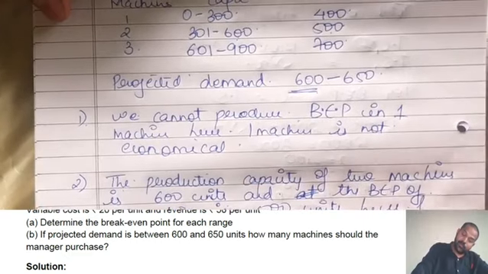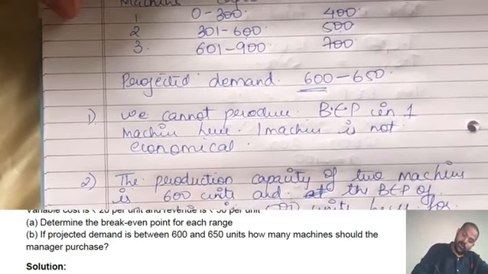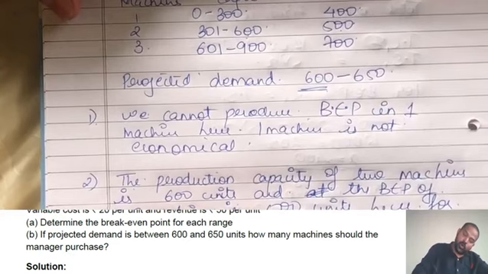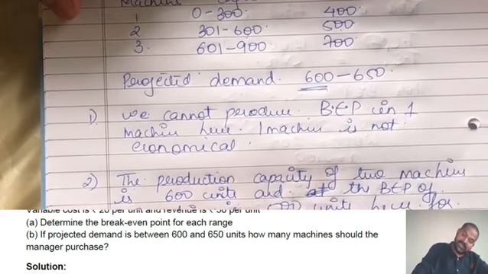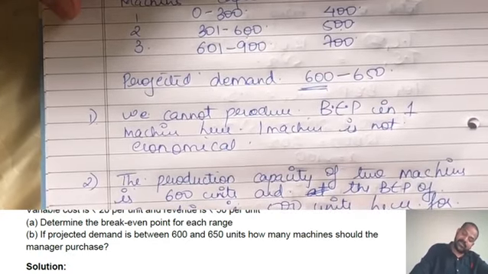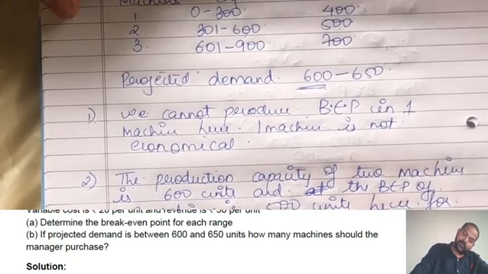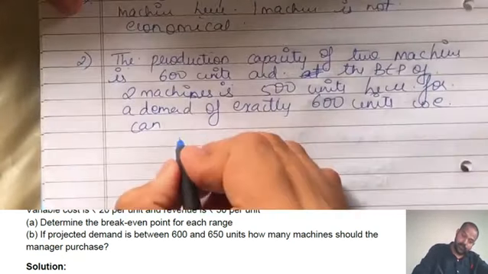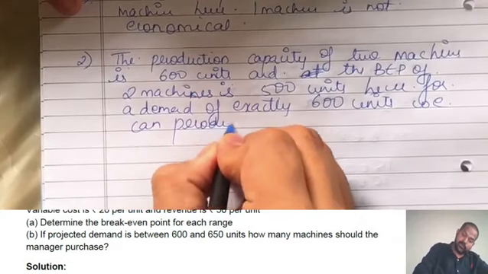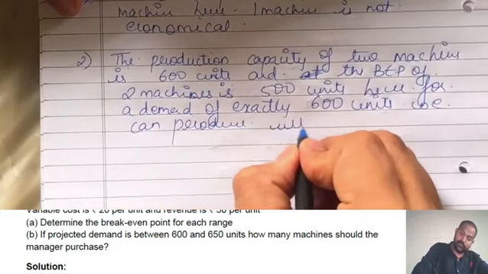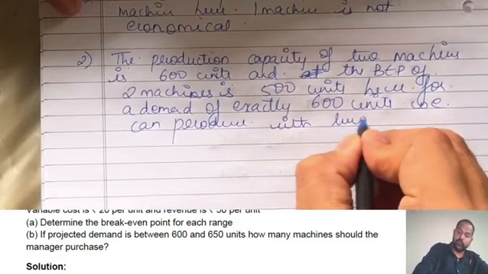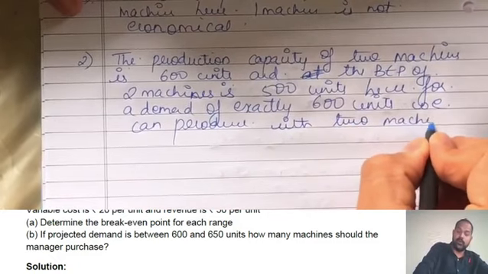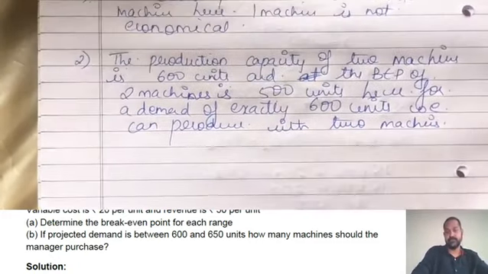Hence, for a demand of exactly 600 units, we can produce with two machines.